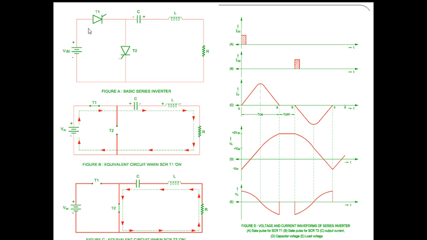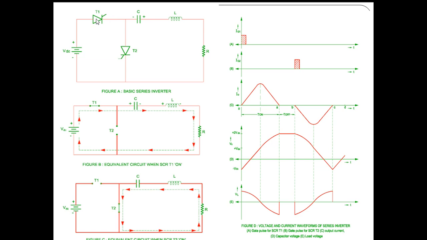We are not showing those circuits, but whenever it is there, these circuits are available inside this component. So initially we are turning on thyristor T1 by providing a gate pulse.